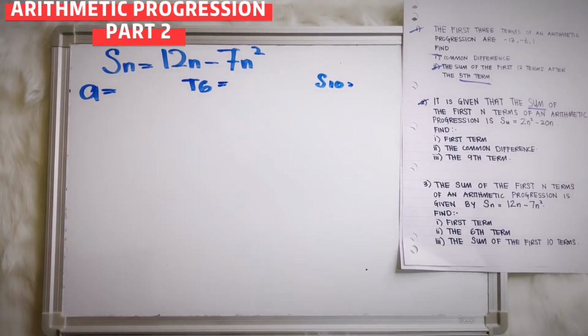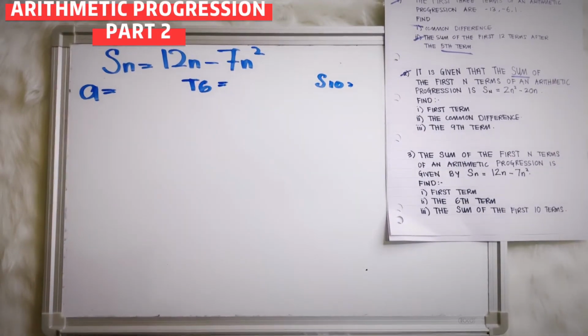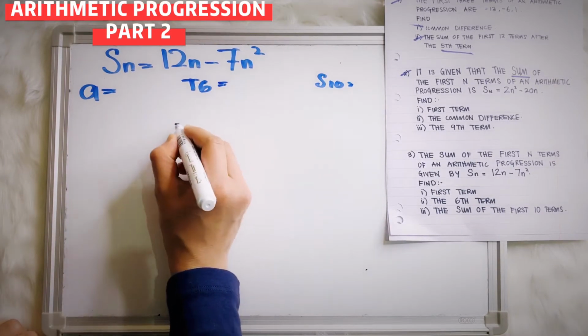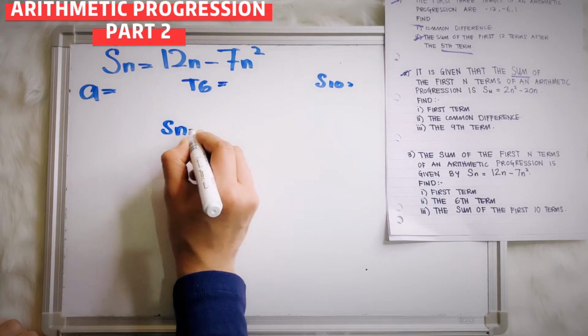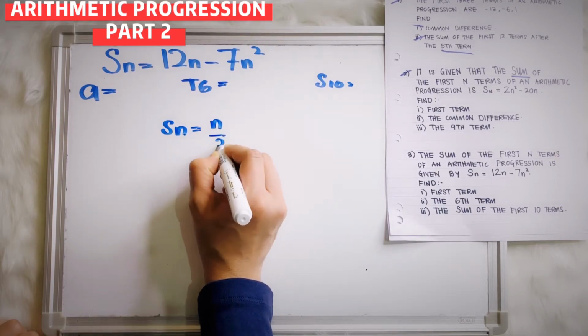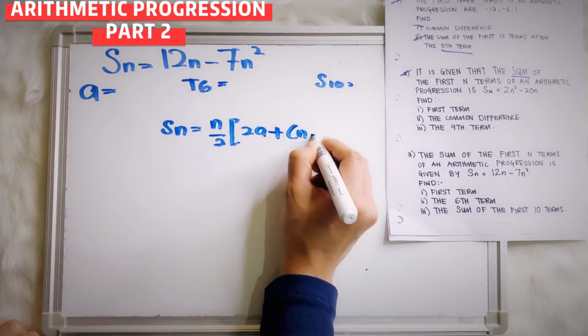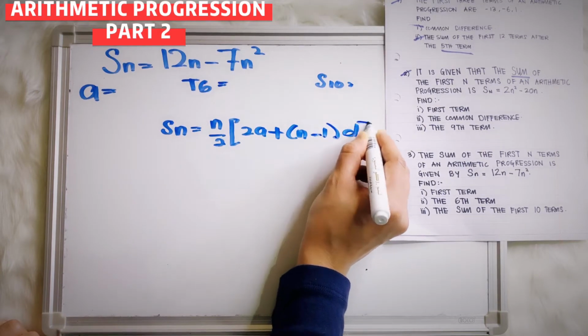First, remember the formula, Sn equals n over 2, 2a plus n minus 1 times d.